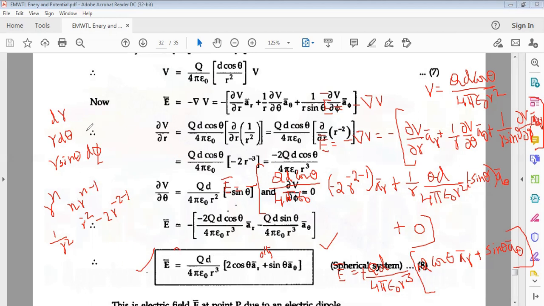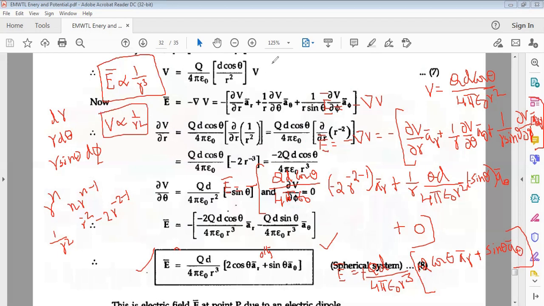Now in this, the electric field intensity in the dipole is proportional to 1 by r cube, and the potential is proportional to 1 by r square in the dipole.